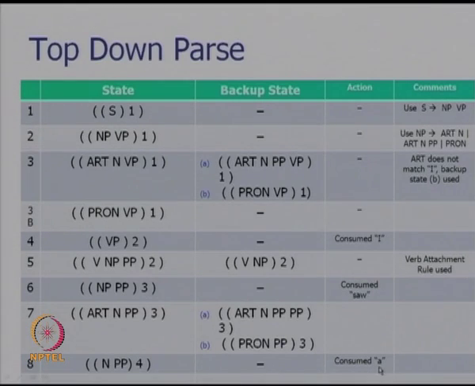Now, the word a on the input is consumed by article, that makes N and PP exist on the stack. Input pointer is moved to position number 4.